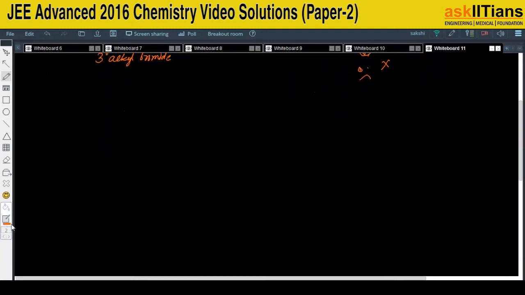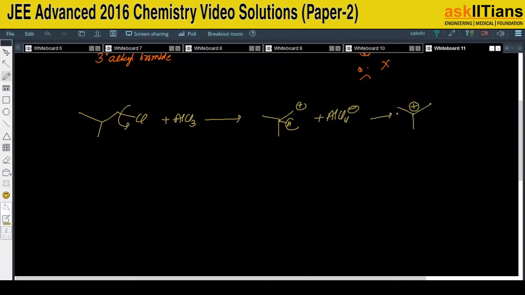Coming over to option B, let me write down the mechanism again. Option B says that you have got something like this and then you are adding AlCl3. Once you add AlCl3, you form AlCl4 minus and a carbocation will be formed like this. Now you know that this carbocation will undergo rearrangement and hence become a tertiary carbocation.